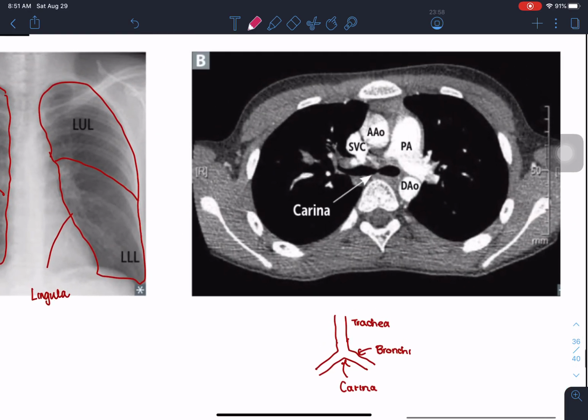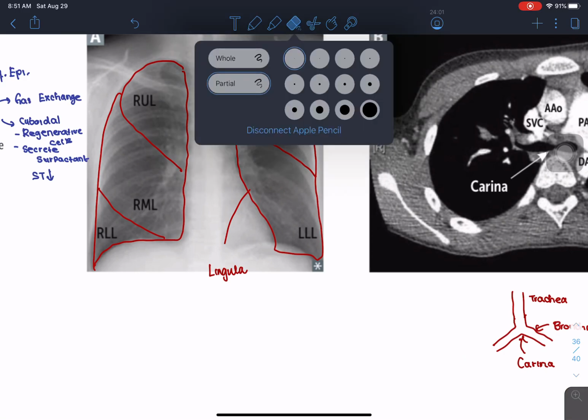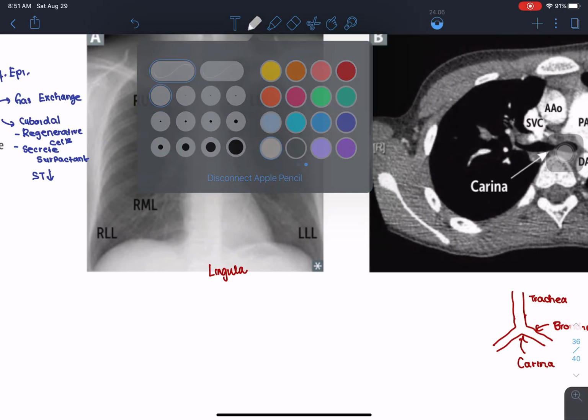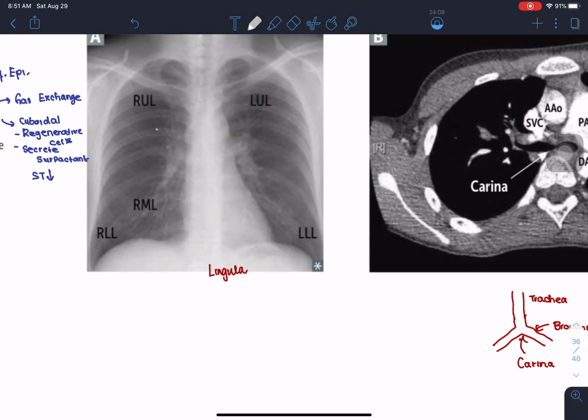I will use the X-ray above, and you will see patchy consolidation, like here and there. These are like shadows which are patchy here and there.